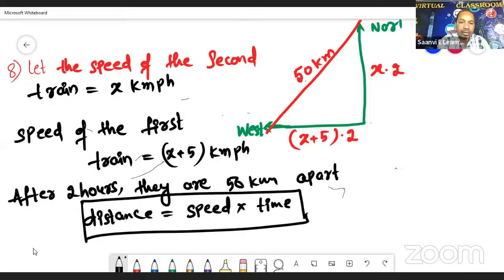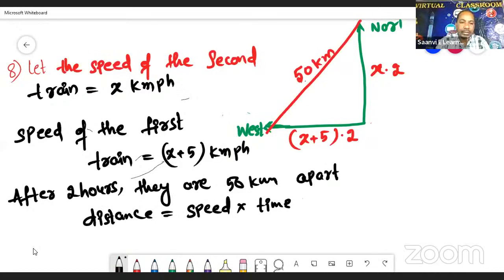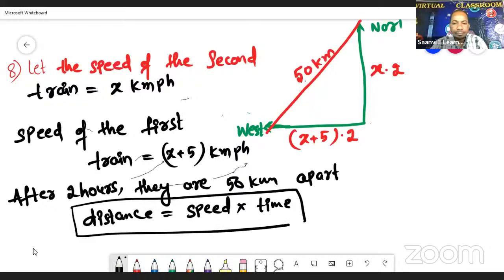The same way, the distance traveled by the second car.